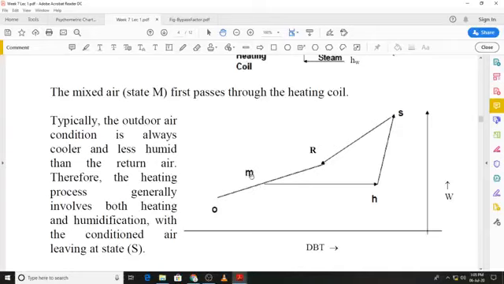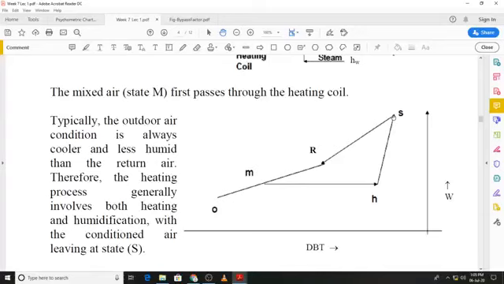The resultant state M must lie on the straight line connecting states R and O. Then that air is heated and humidified. So we have studied the heating and humidification process. You can see this is the sensible heating carried out by the heating coil, and then there is a humidifier which increases the humidity ratio, and typically we use steam for humidification purposes, so that also leads to a slight increase in the dry bulb temperature.